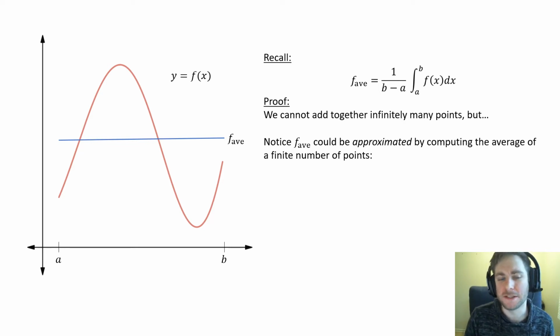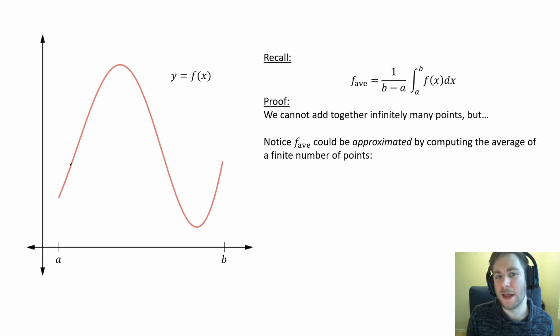Although we can't possibly account for every single point on the curve, we could still get a pretty good estimation of f_av if we were to select a whole bunch of points on this curve and average out their y values, with the understanding that a larger number of points would provide us with a better estimation of the average. For example, if we were to use 1 trillion points in our average, we would get a much better estimation of f_av compared to if we only used 2 points in our average.